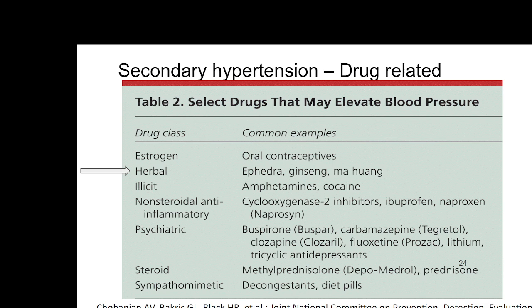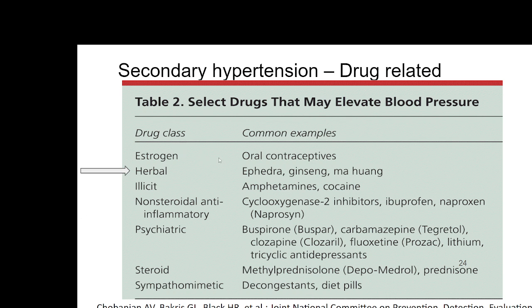Now, I have just copied from one of the major articles related to secondary hypertension, and the causes mentioned. The drugs which are possible causes for hypertension in that article are from the National Committee of Prevention, Detection, Evaluation of Blood Pressure, from a very reputed institution, the National Heart, Lung and Blood Institute from the USA.